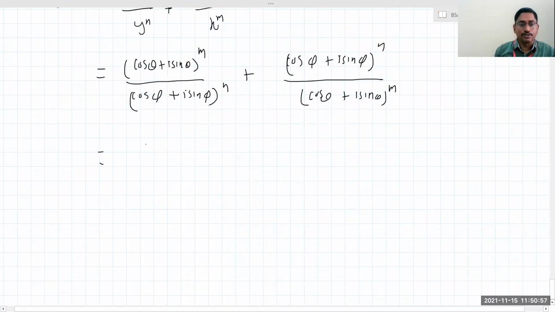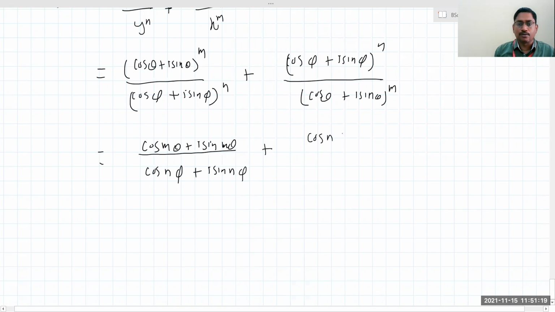So in the numerator of the first term, I can write cos of m theta plus i sin m theta. In the denominator, once again, this is m for x and n for y, so it is cos of n phi plus i sin n phi.